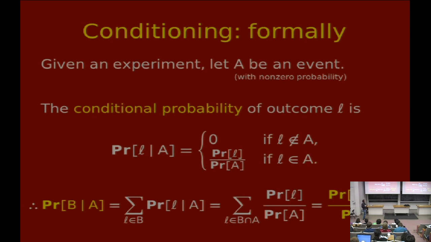So we can just do the sum only over the outcomes that are in both B and A. So here I'm summing over outcomes in B and A of this thing, probability of L over probability of A. And now here the denominator is the same everywhere, and in the numerator we're summing all the outcome probabilities that are in B and A. So this is like a formula that you can remember if you want. The probability of B conditioned on A is like the probability of B and A over the probability of A.